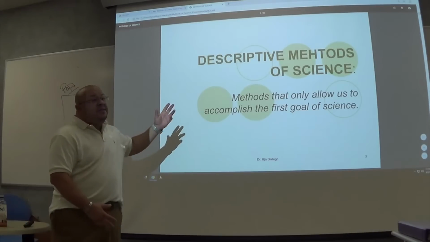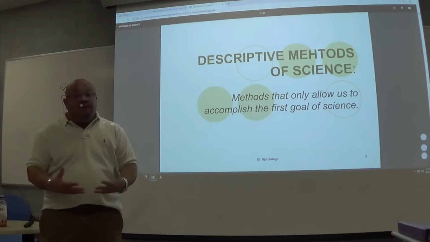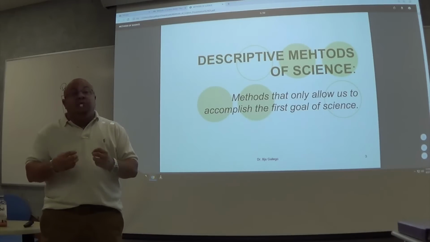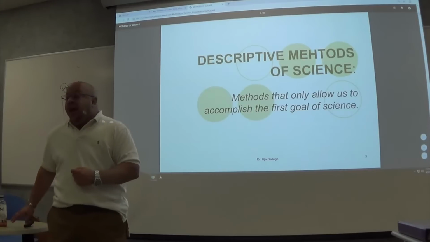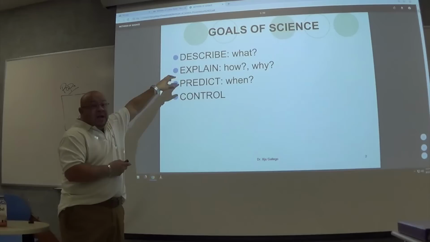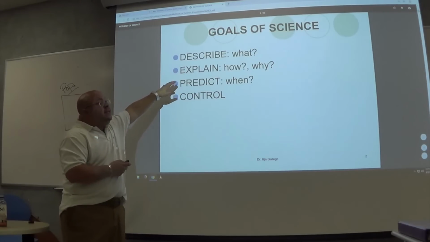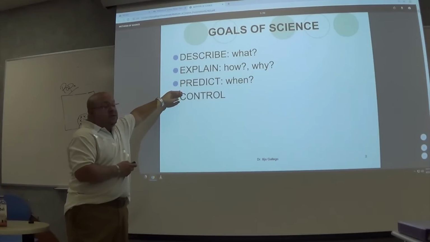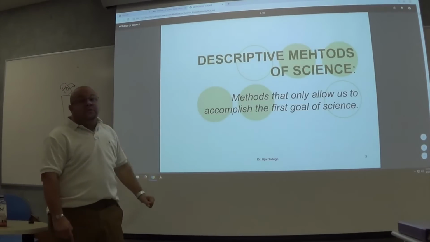But descriptive methods have very little rigor, so we are not as confident in our results. And as a result, we cannot lead to certain conclusions. So I can only conclude, here is what I saw, or how much, what I got there. I can't say this is how or why it happens, or this is when it will happen, and so forth, if I use one of these descriptive methods.